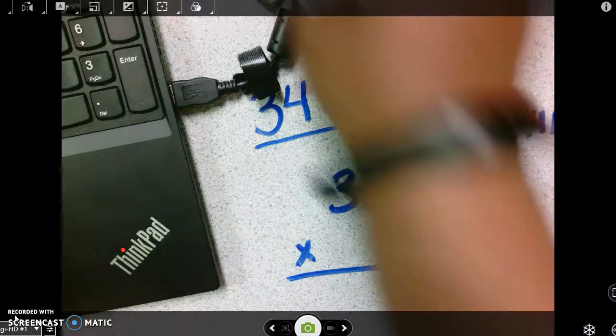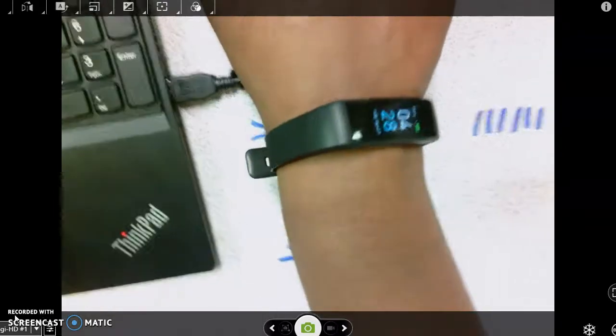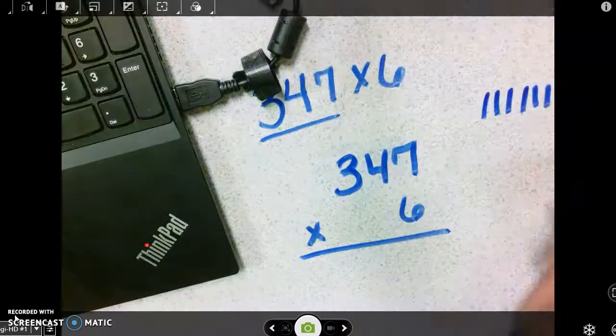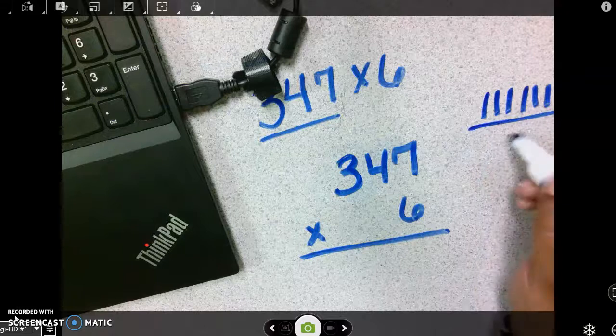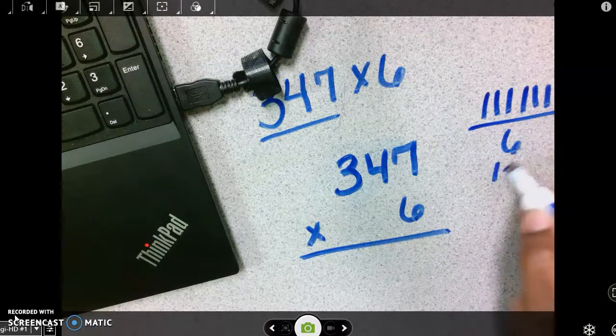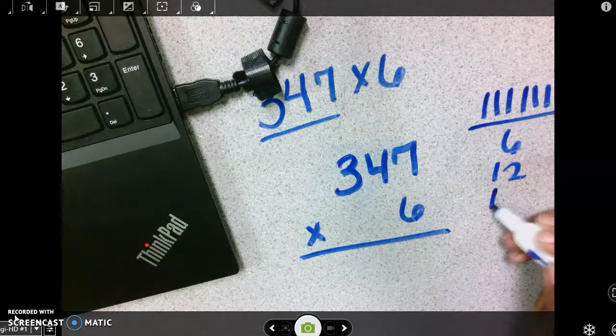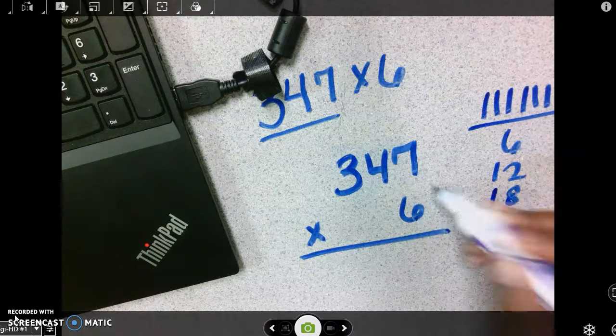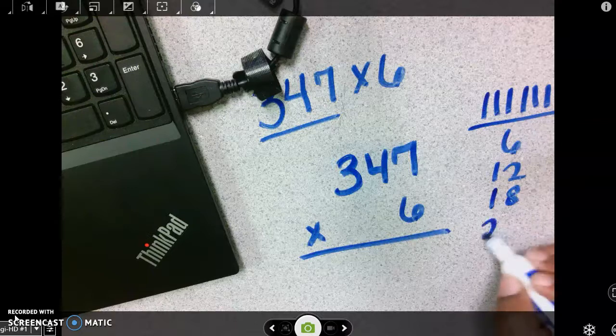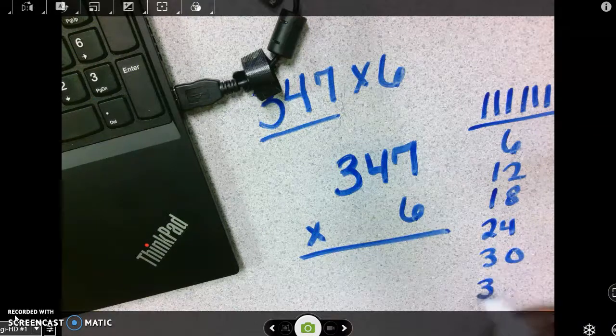Draw my line so I can skip count. All right, 6, 12, 18, 24, 30, 36, 42. I need to make sure that I do this 7 times.